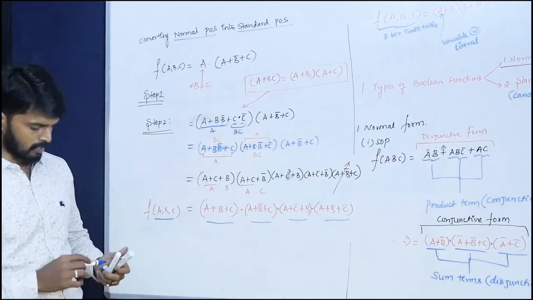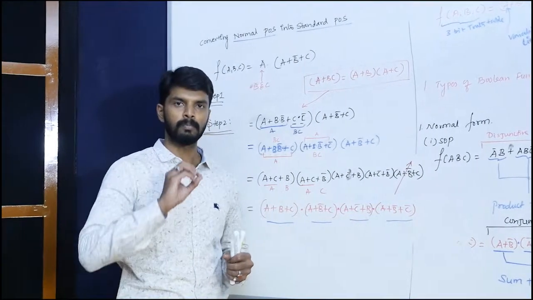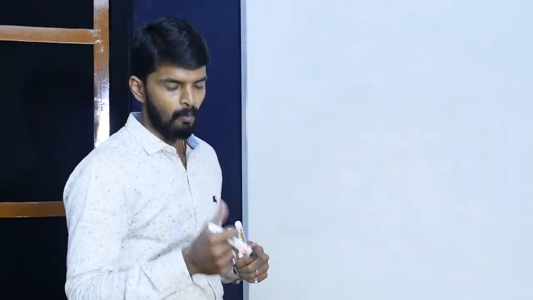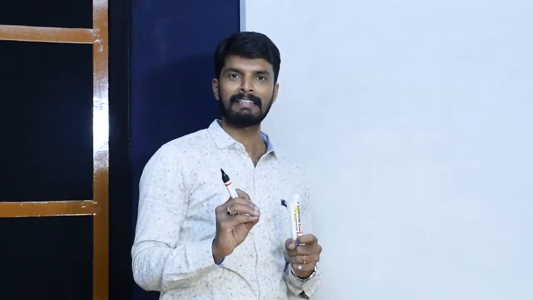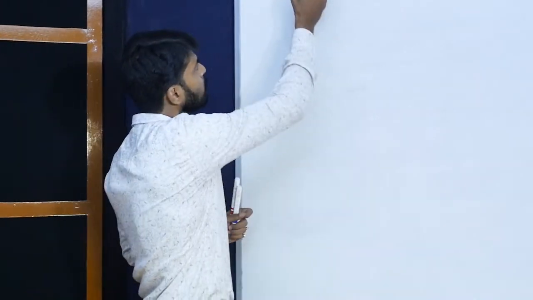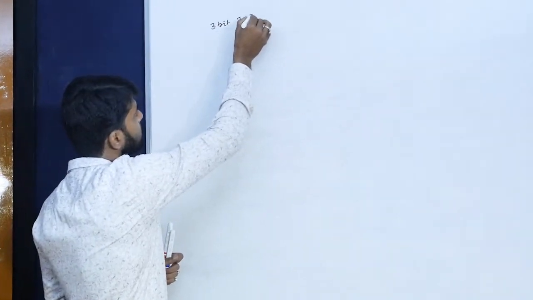Now we will discuss how to represent the minterm and maxterm with the help of a 3-bit truth table. So now I will take a 3-bit truth table.